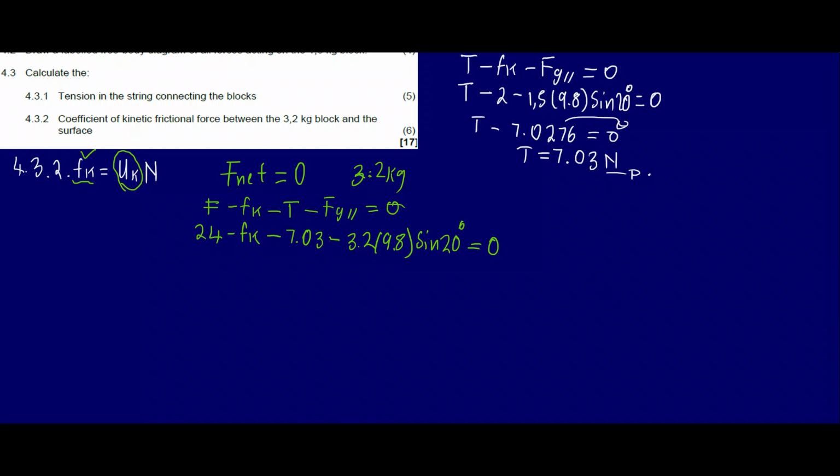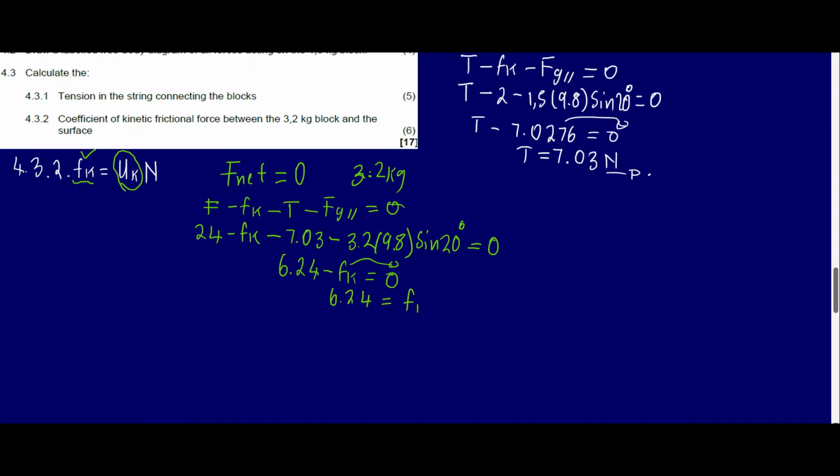So now let's simplify all this. It's 24 minus 7.03 minus 3.2 times 9.8 sine 20 degrees. So we have an answer here, which is 6.24, minus Fk equal to 0.